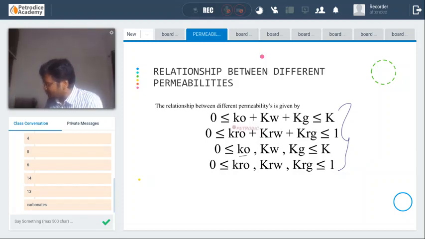And each relative permeability, oil, water or gas, will be less than or equal to 1. Okay, so do write it, guys. These are some relationships between different permeabilities.